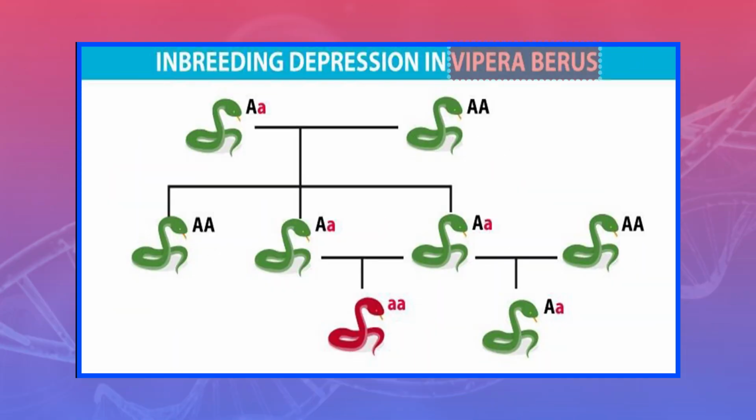However, an increase in homozygous alleles may also increase homozygous alleles with undesirable effects, which can result in reduced performance and fertility, that is, inbreeding depression, or even be fatal, that is, lethal recessives.